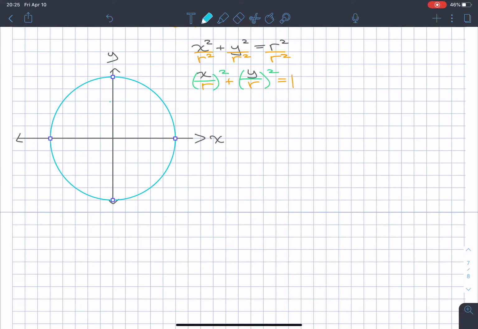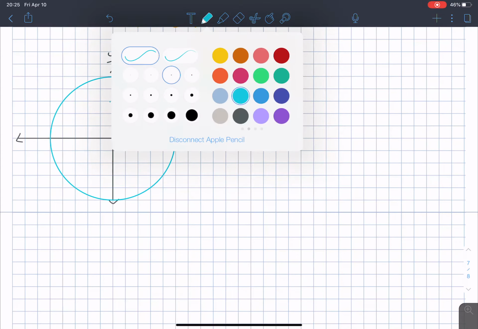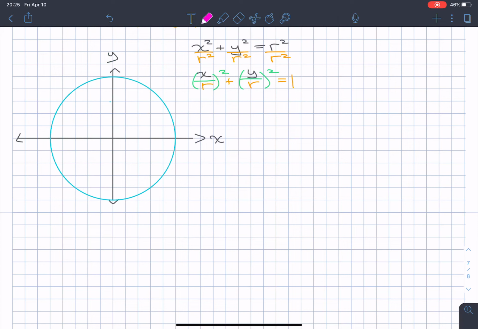Okay, so this is a circle of radius 5. And of course the corresponding unit circle is here. So we can see these are definitely concentric circles, meaning they have the same center.